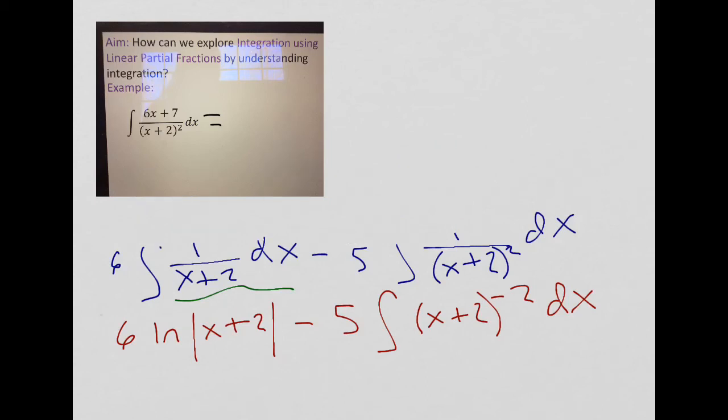All right, I ran out a little bit of room there, so I'm going to come up here. So at this point, we already have the first one kind of done for us. We're still working on the second part. In order to do this, I'm going to show you with the u substitution. Once again, this is going to work out nicely.